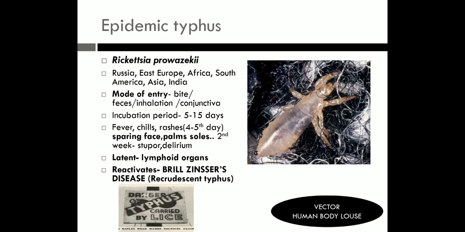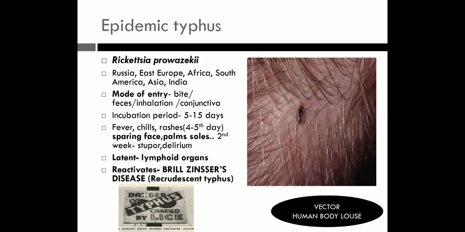Now, it remains latent in the lymphoid organs, and the myalgia usually is very severe. So, this is the appearance of the louse.